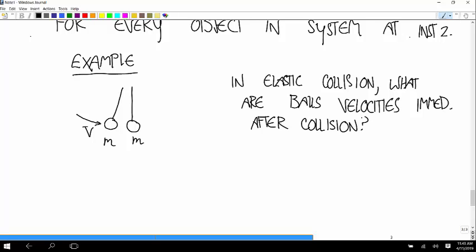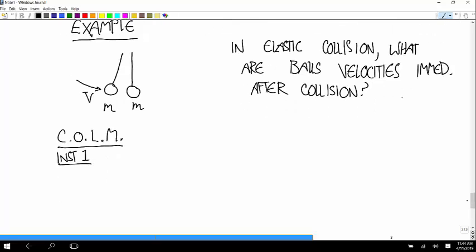Okay, well, what are the velocities immediately after the collision? Well, first I'm going to use conservation of linear momentum. At instant 1, right before they hit, this one is going to have a horizontal velocity, right?